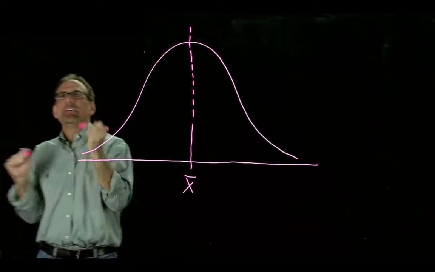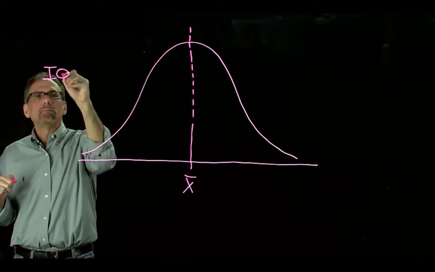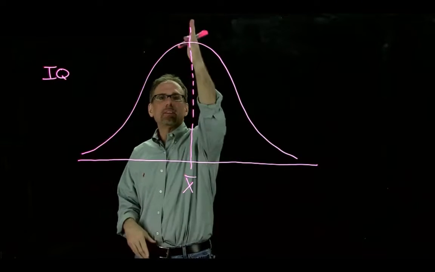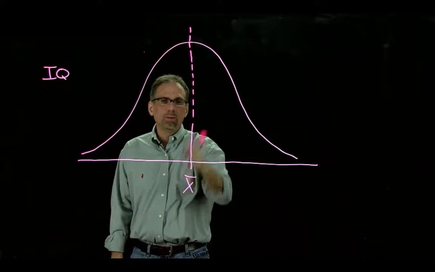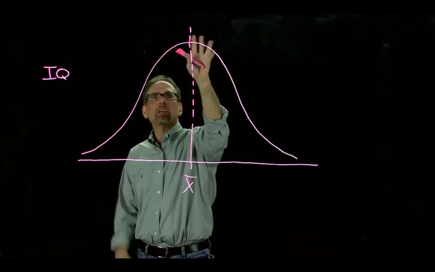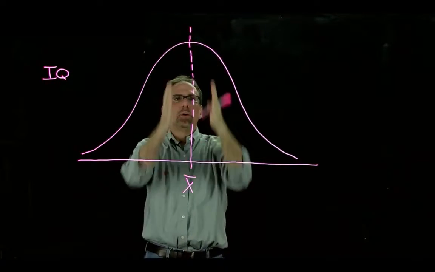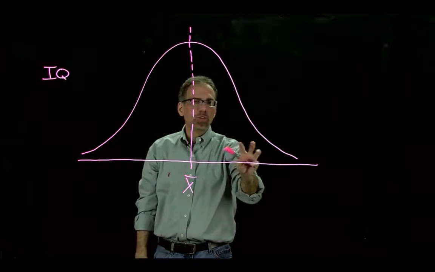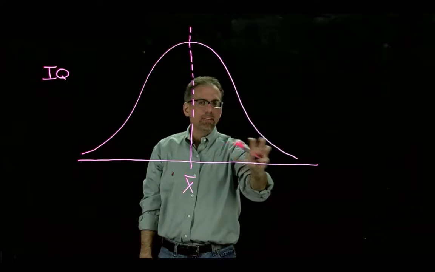Let's take IQ as an example. In the population, let's say this is the mean of IQ right here. And most people are clustered around the mean. That's the highest point, and that's where most of our cases are. As we get higher, there's fewer and fewer people that have IQs in this range.